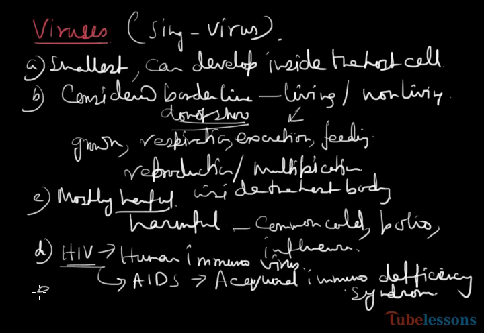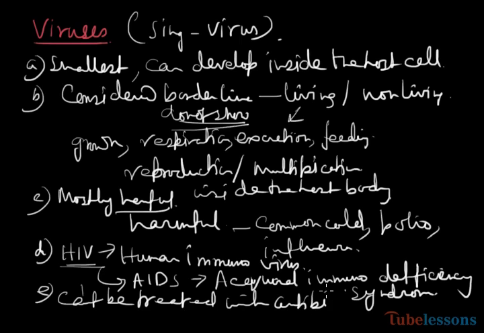And the important thing is, as compared with the bacteria, they cannot be treated by antibiotic group of drug. Viral disease can't be treated with antibiotic group of drug. So, if we sum up virus, they are smallest microorganisms which can develop inside the host cell, considered borderline or in between living and non-living, since they do not show most of the living characteristics like growth, respiration, excretion, feeding, only show reproduction or multiplication inside the host body.